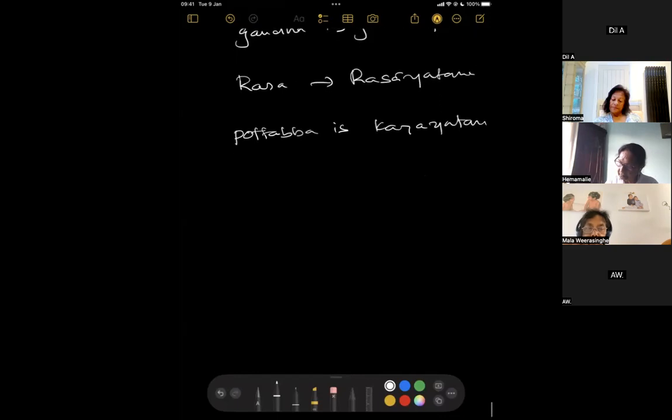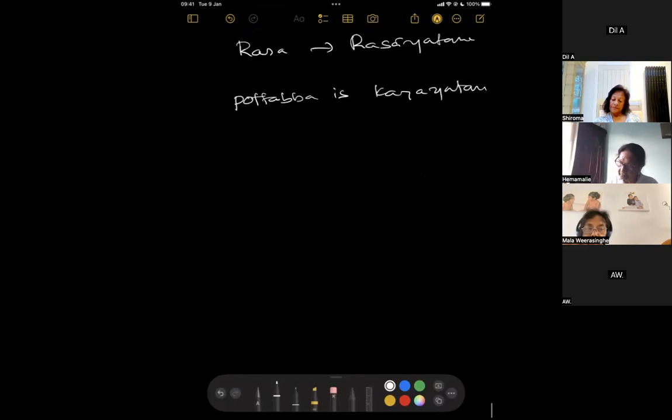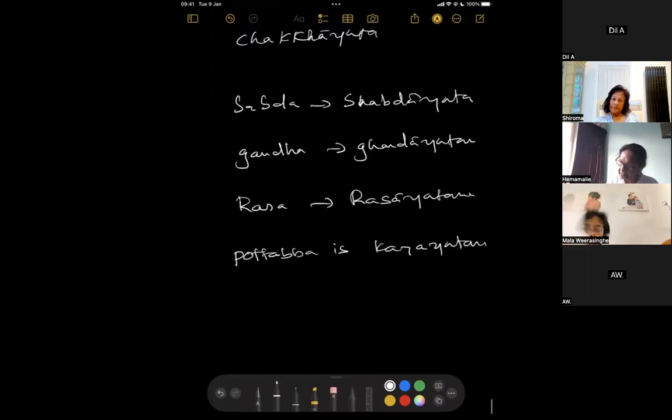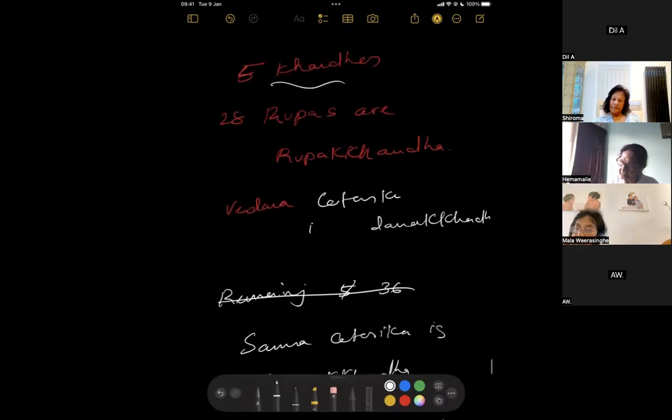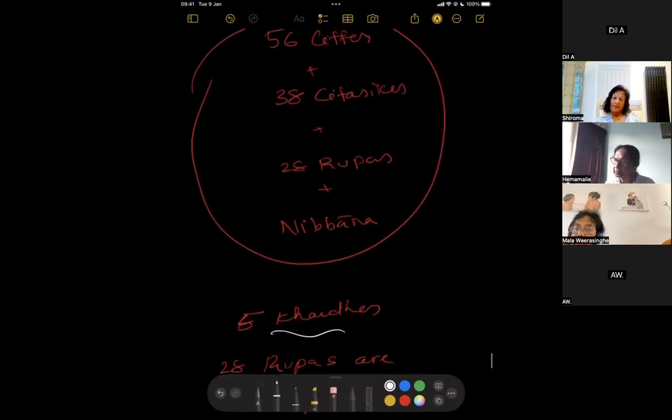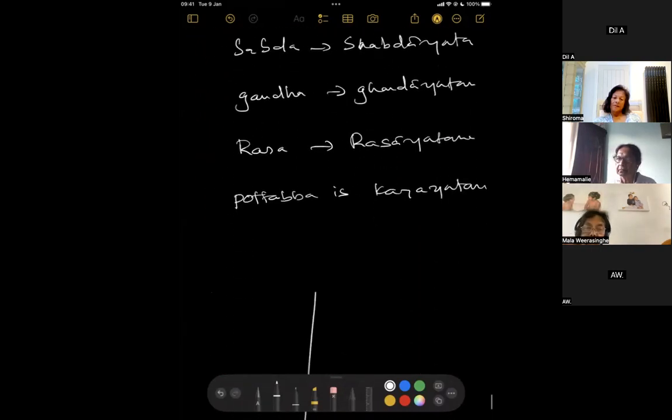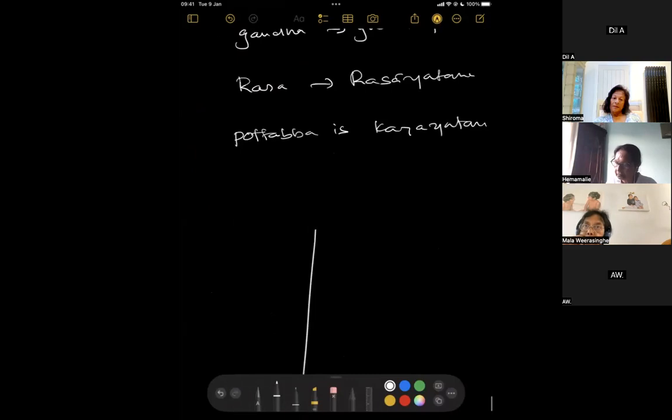Right. All one. Then the 38 Chetasikas, the Sukhuma Rupas, 16 rupas.